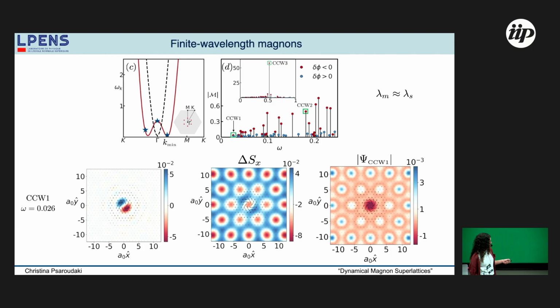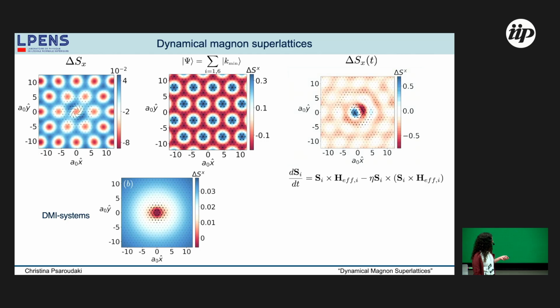So we have this superlattice of magnon modes where both the wave function and the real space representation of the modes become localized, and we would like to explain what's going on here. This kind of superlattice of magnetic excitations, I couldn't find anything in the literature. If anyone has an idea, please let me know.